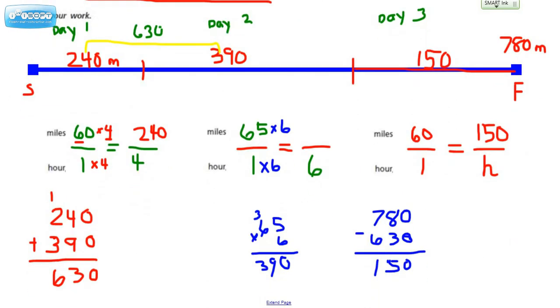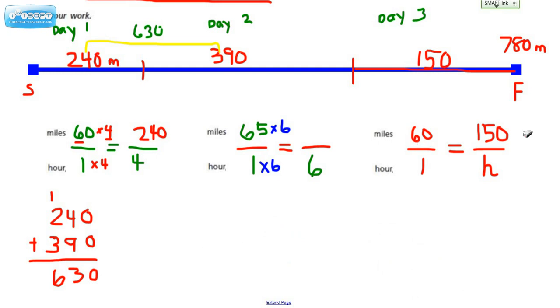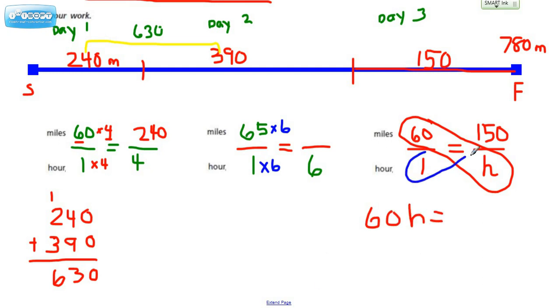Now, to solve this, we need to use cross products because the numbers are not exactly compatible. So let's do the cross product this way. 60H equals, and then this cross product would be 1 times 150 is 150. The opposite of multiplying a variable by 60 is to divide by 60.